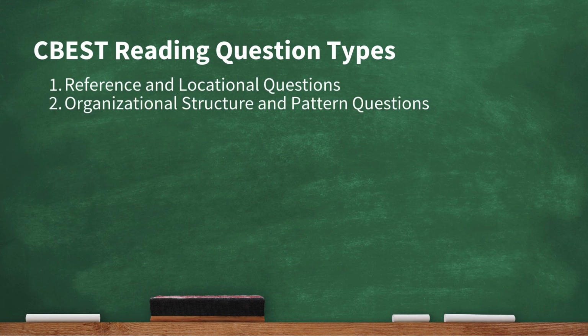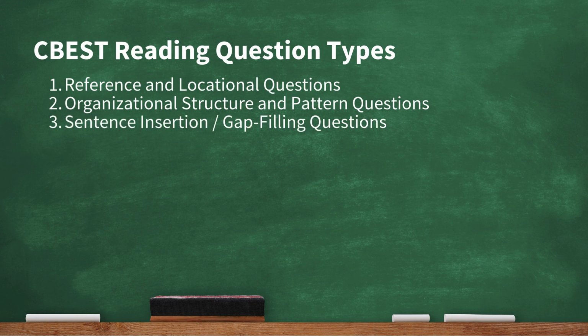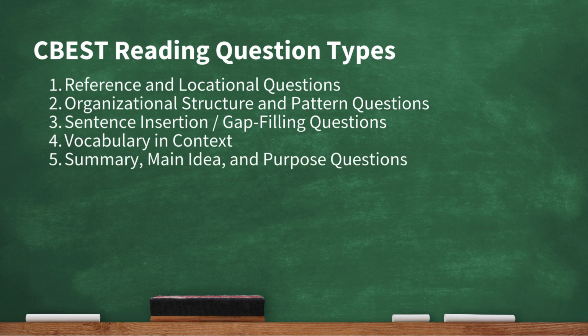Then we're going to move on to organizational structure and pattern questions. Third, we have sentence insertion, which are also called gap filling, kind of like fill in the blank questions. Then we're going to move on to vocabulary in context questions. Then we have summary, main idea, and purpose questions. Then we're going to move on to inference and conclusion questions.